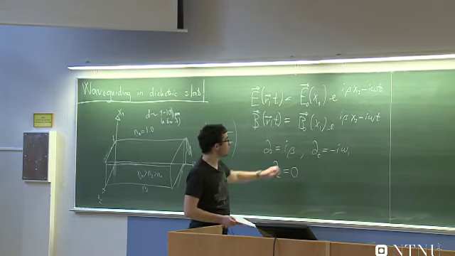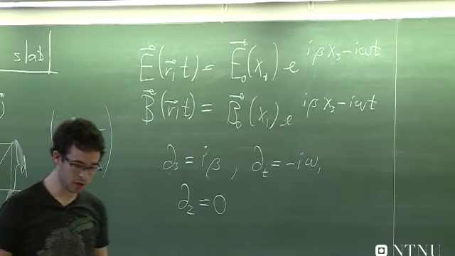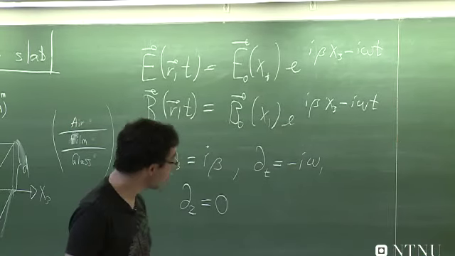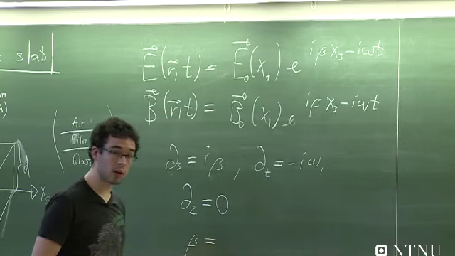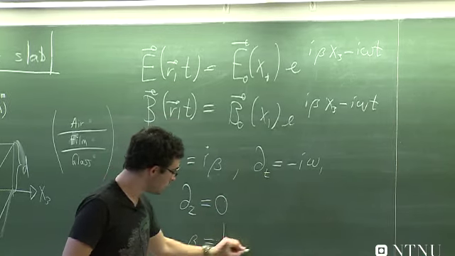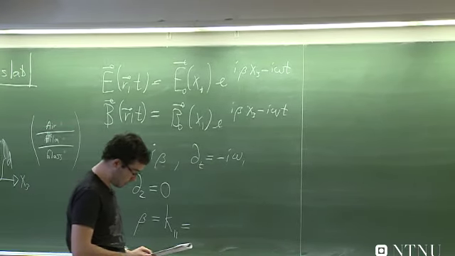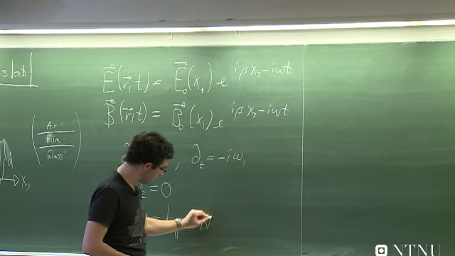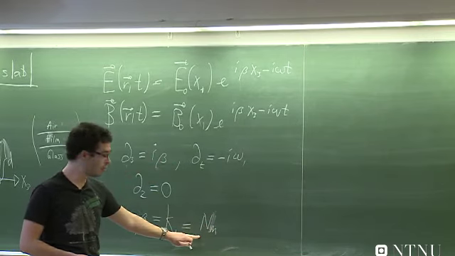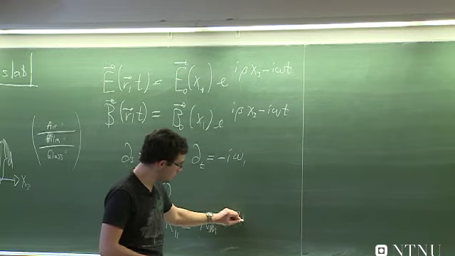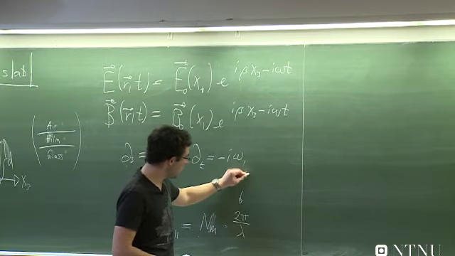Now this looks a bit like a plane wave, but the dispersion relation is different, and we're going to find that dispersion relation today. By the way, this beta, that's what we called k parallel before, so I guess I should have stuck with that, but I didn't for some reason. So that's equal to n, which is an effective refractive index, times 2 pi over lambda, where this is equal to omega over c.